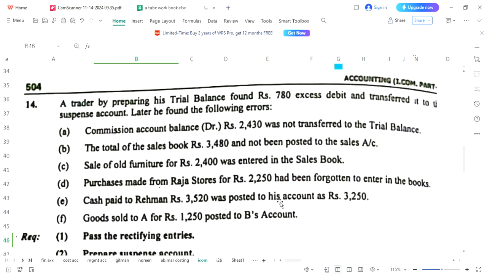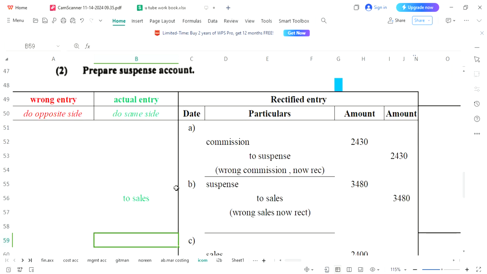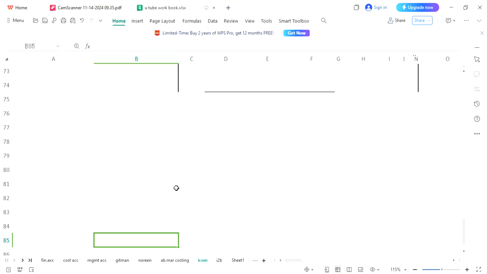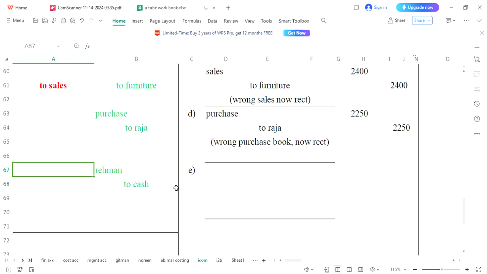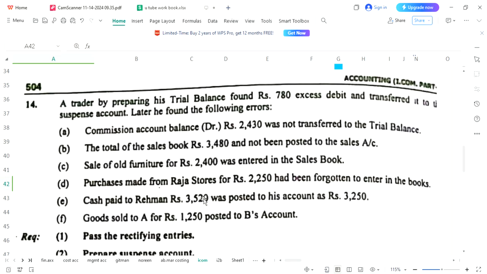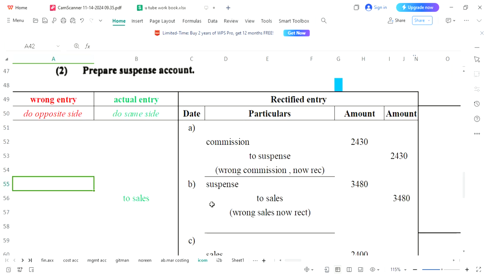His is used for human, which is Rahman. So they have posted to Rahman again, as I think it was 3250. Let's check it out again. So the original amount was 3520.